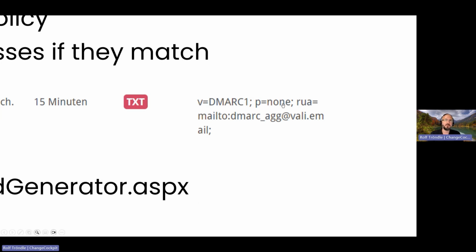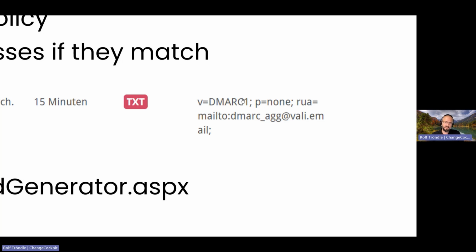In this case, p means policy equals none. That's actually not that good, but at least there is a DMARC record. And then we have RUA, and there could also be RUF, meaning where to send the reports. I'm still in the validation phase with this record. That's like with the reports we've seen before.